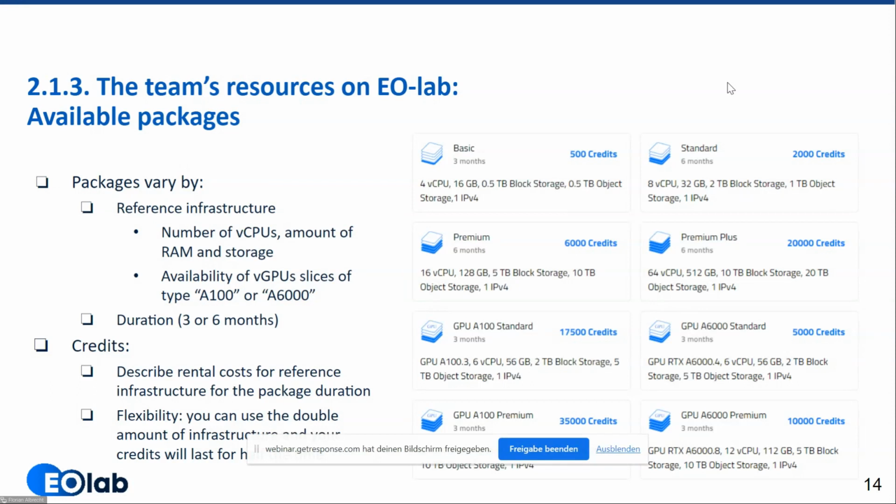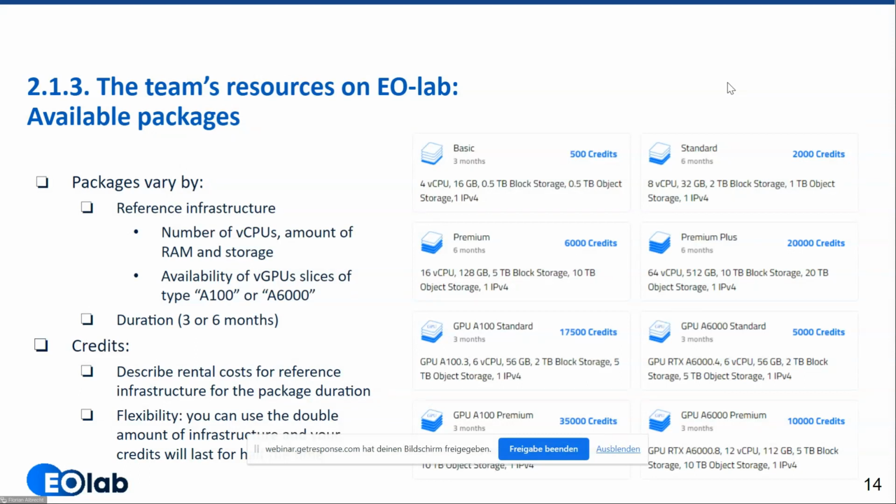So graphic cards of the type A100 and A6000 are there, and depending on your needs, you pick what you want. The duration of the packages lasts from 3 months to 6 months, but they are also extendable, and you just need to do a request for this.